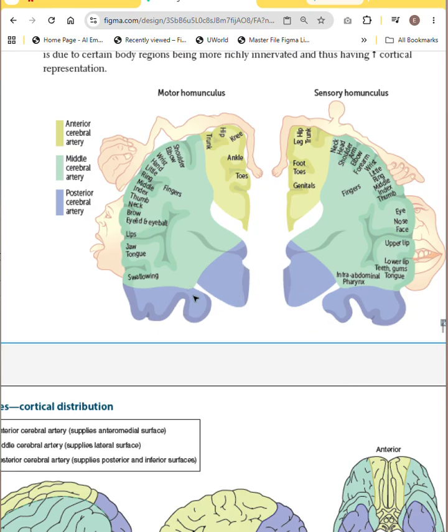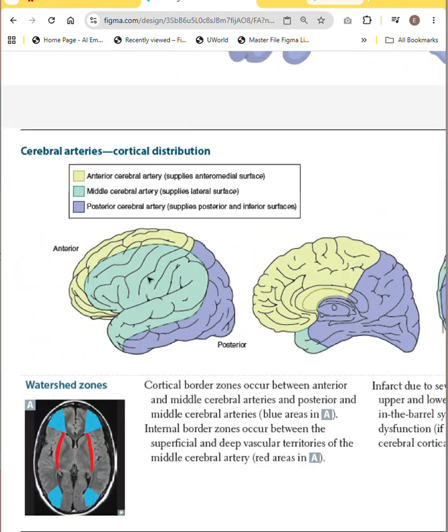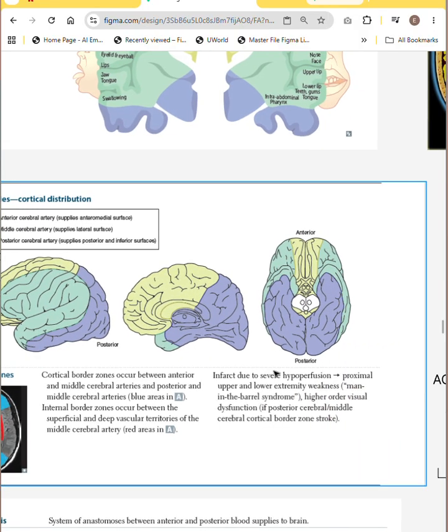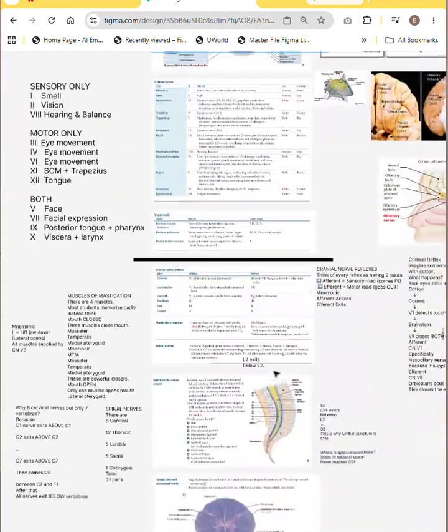So this green area is your middle cerebral artery. Look at how much of your brain it controls. The anterior takes the superior-most portion and the posterior takes the posterior and inferior surfaces, right? So remember that. Let's go back to our brain lesion.